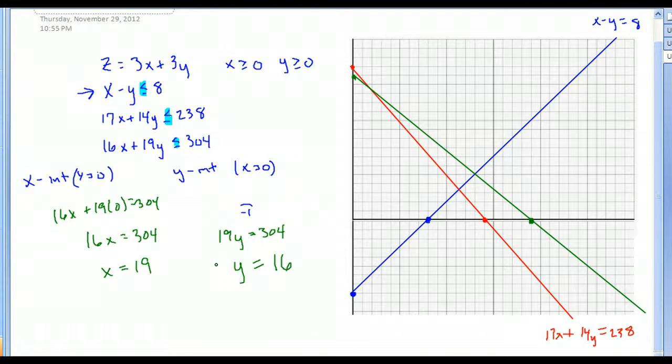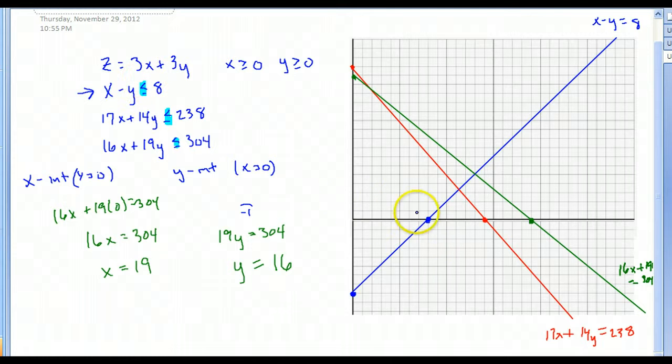Now we need to shade the proper regions. We started with the blue line, X minus Y equals 8. Let me label this green line first: that is 16X plus 19Y equals 304. Starting with the blue one, we have to shade in the proper direction.